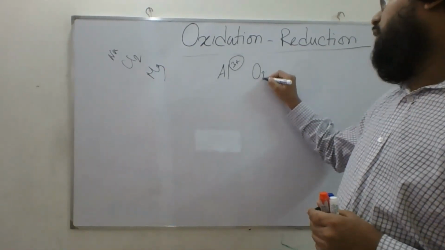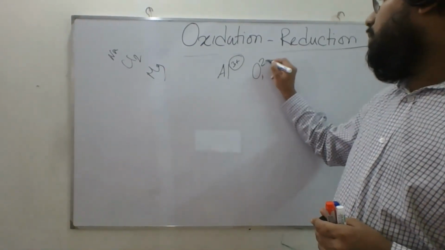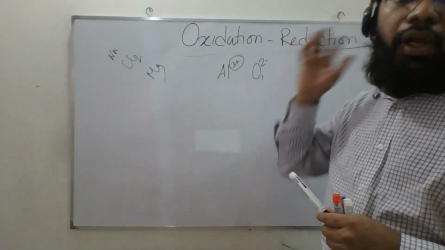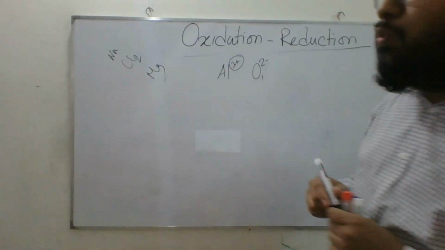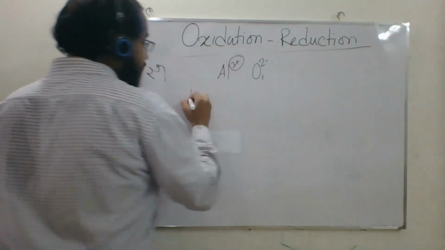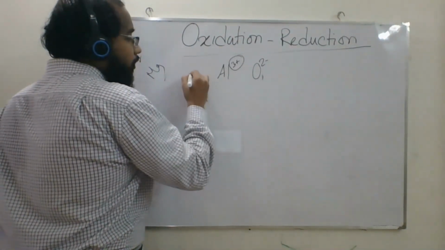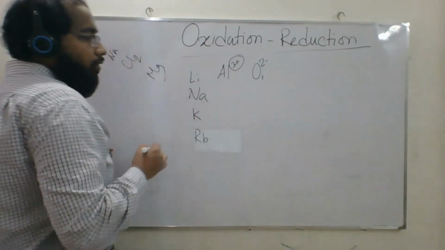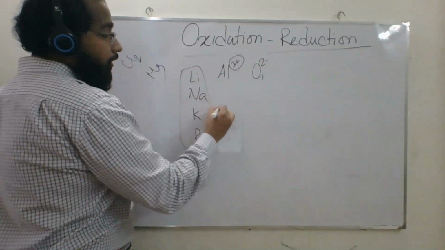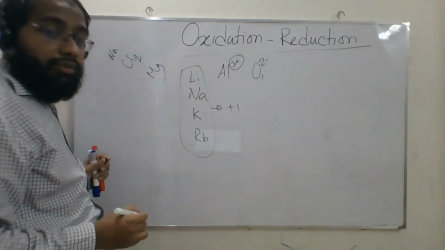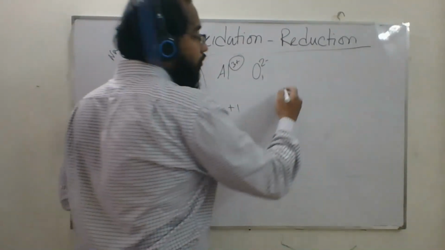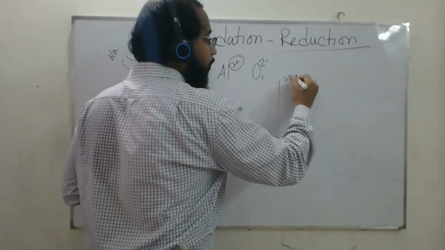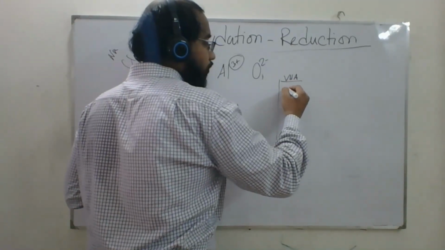The oxidation number of group 1 elements, like lithium, sodium, potassium, rubidium, is usually +1, and for the halogen group, group 7A, it is usually -1.